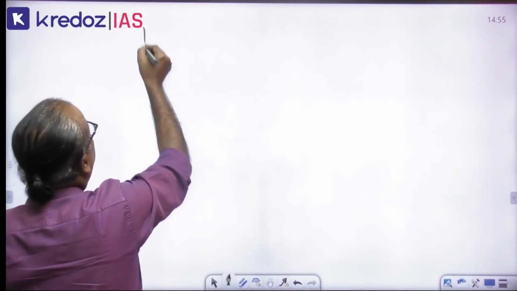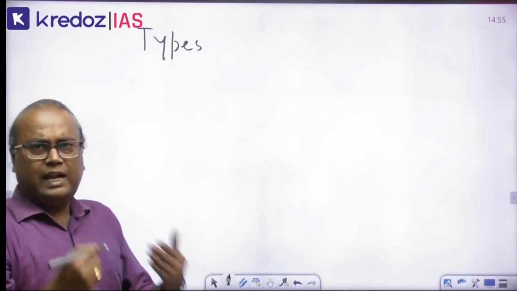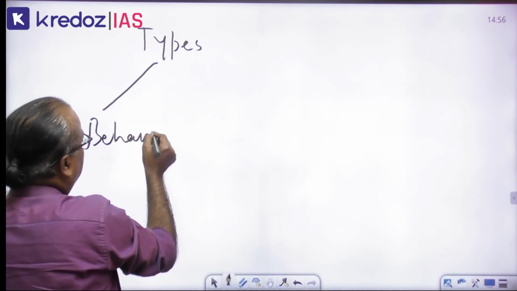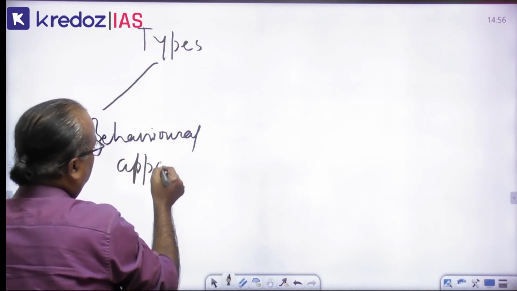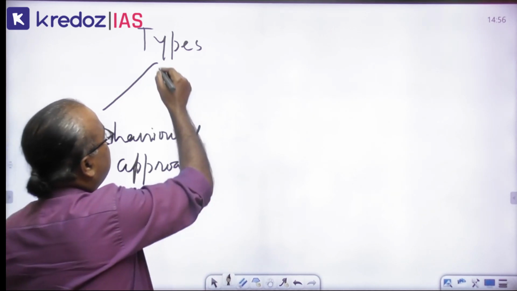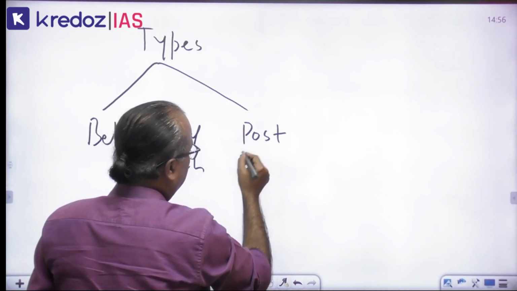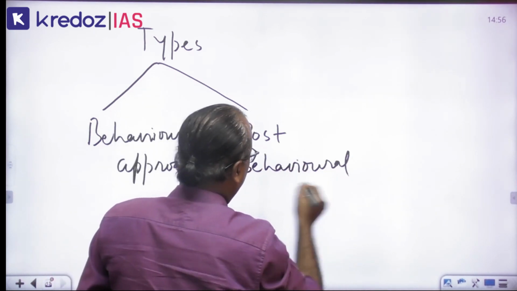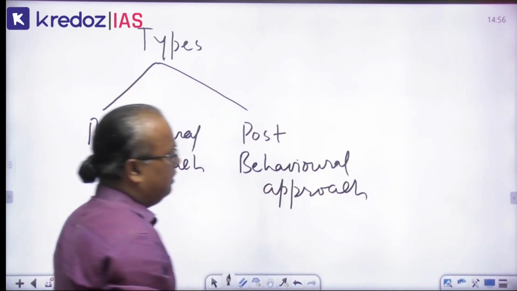Even in the modern approach, we have different types of modern approach. We will discuss the types of modern approach: the behavioral approach. After the behavioral approach, we have the post-behavioral approach.